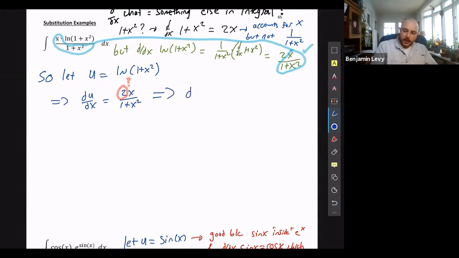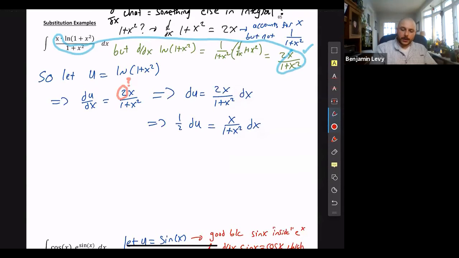So this is like du equals 2x over 1 plus x squared dx, right? Moving the dx over to the other side. And then divide by the 2 to bring it with us. So 1/2 du equals x over 1 plus x squared dx. So these are the two things we're going to substitute.